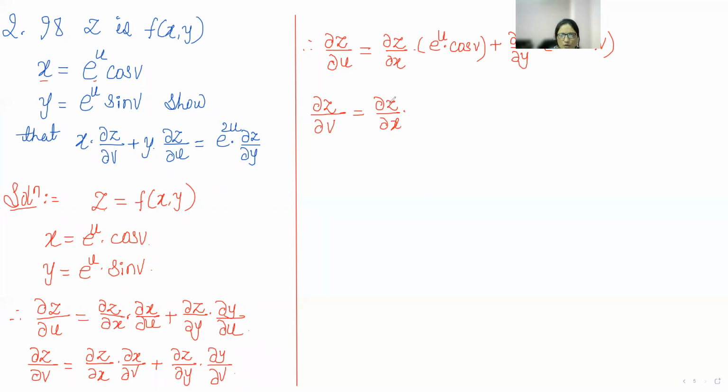Yes, it is minus e^u sin v, because we are taking e^u as a constant term and taking the derivative of cos v, that is minus sin v. Plus, again put ∂z/∂y as it is, taking the derivative of y with respect to v. So once again e^u into the derivative of sin v, that is cos v.